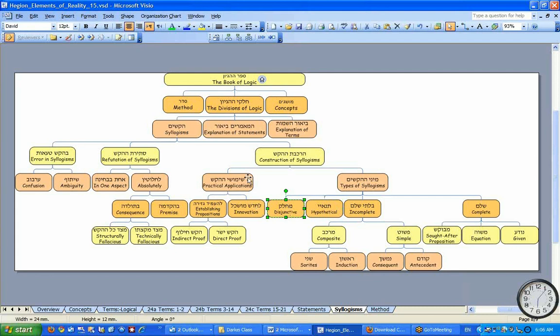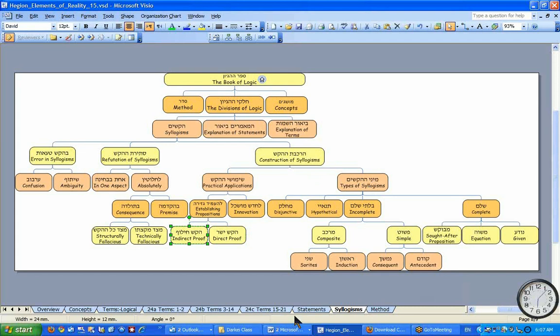Then he'll tell us how we use syllogisms. He'll explain to us that syllogisms create new ideas or bring proof to ideas or statements that we have. And remember those two types of proof, the direct proof and indirect proof that we spoke about in Tunas. I'm going to come back here. Okay, so that's the little chapter we'll be dealing with today.